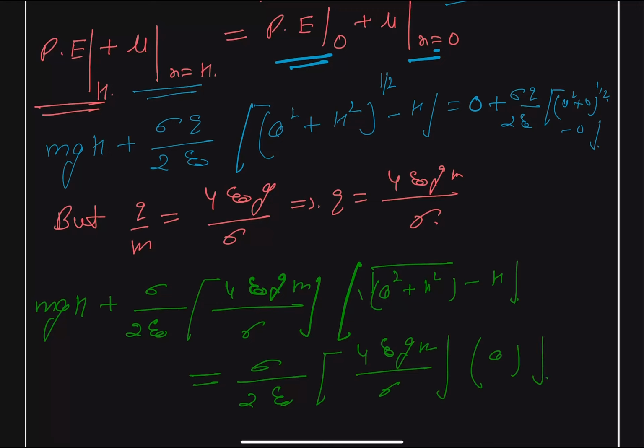So the common terms epsilon naught and sigma cancel, this goes by 2, and similarly on the other side also sigma, and this goes by 2.